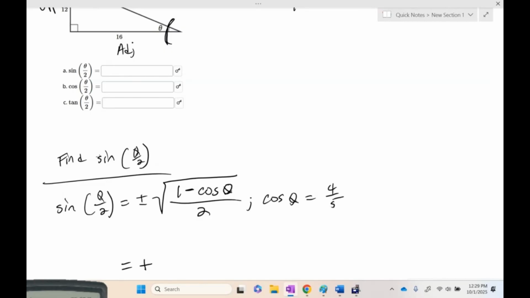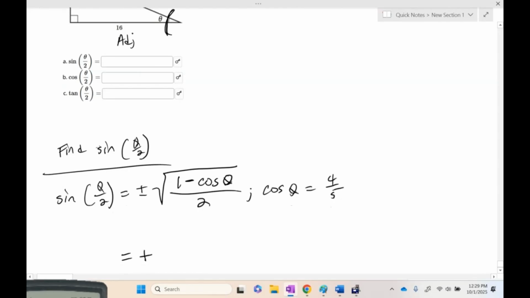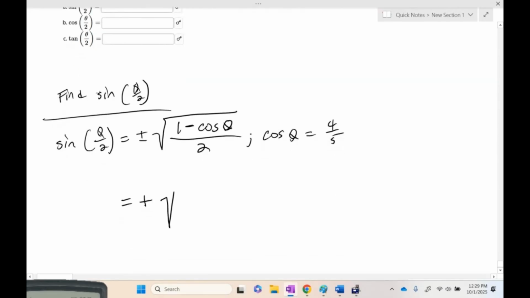But if it's just a triangle that's kind of hanging out in space like this one, we're going to always go with positive. So we know that the sine is positive, and this is times the square root of 1 minus the cosine of theta, which is 4/5, divided by 2.